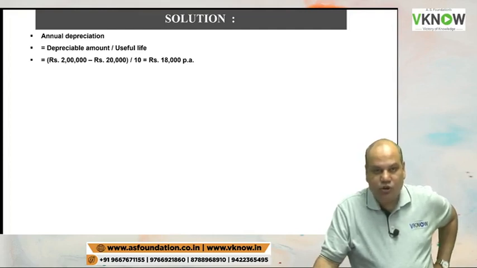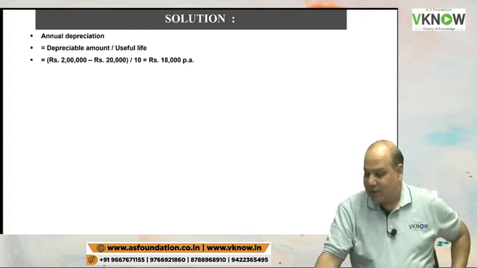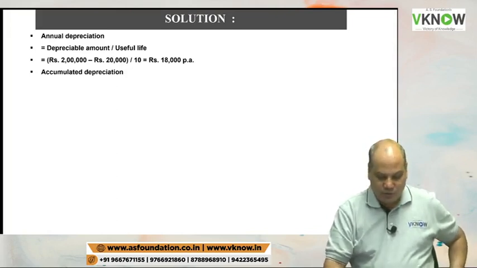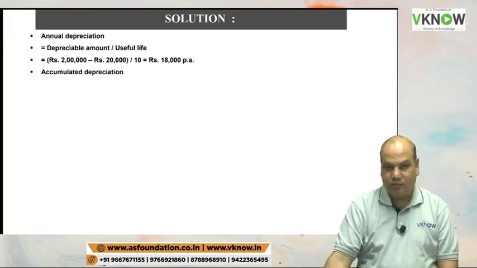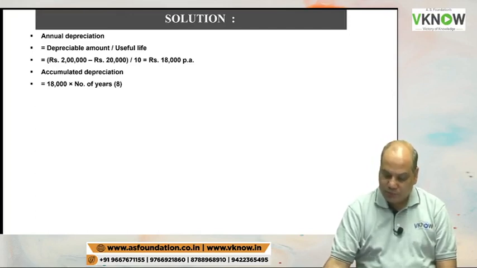Depreciable amount originally 2 lakh minus 20,000 divided by 10. That is, originally we were providing 18,000 per annum. Now write down accumulated depreciation.